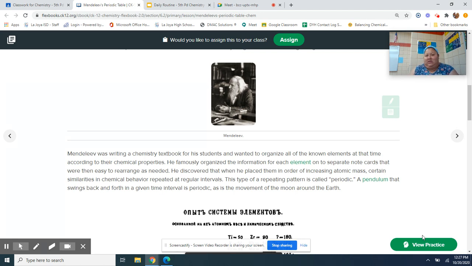It just depends on what type of clock you have or what type of pendulum is swinging for that clock. Another example of periodic is how the moon goes around the earth every day. It's periodic. We know that it's going to happen every single night. That moon will rotate around the earth, right?